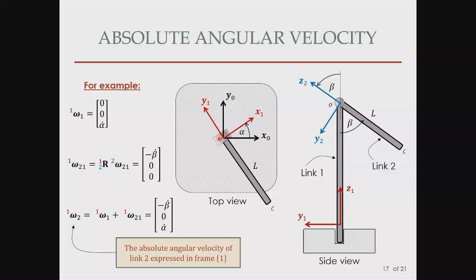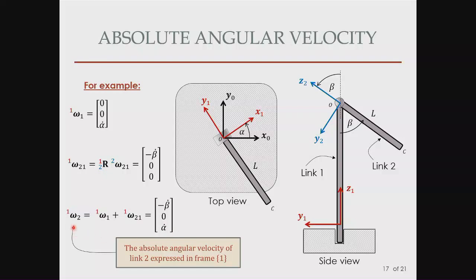And this one we had before, remember? Now we can sum them in the same frame, in this case frame 1. So this is the result: minus beta dot, 0, alpha dot.